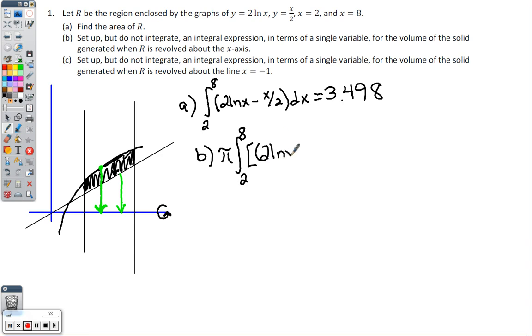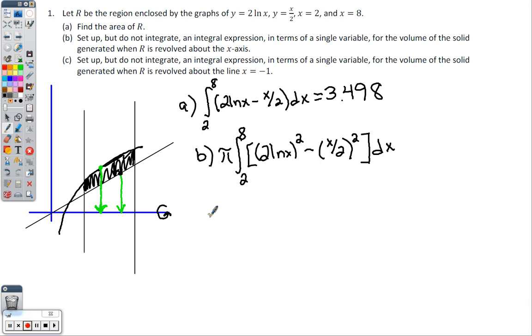And then that outer radius gets squared. Minus, and then we have our inner radius, and our inner radius was the line, so that's going to be x over 2, and that gets squared, dx. And we don't have to do anything with it, we don't even have to integrate, so that's our final answer.